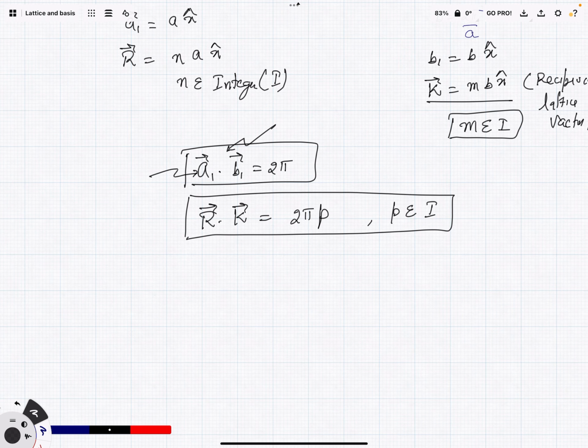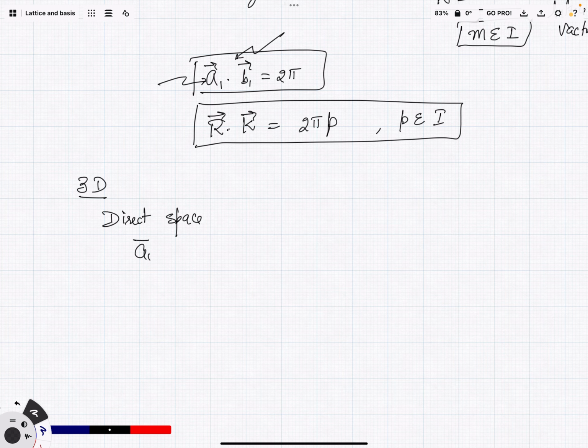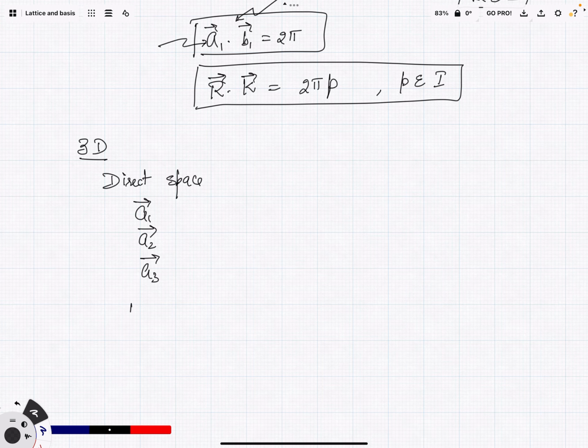Okay, so now let's extend the same idea to 3D. In the direct space, I have the primitive lattice vectors A1, A2 and A3, and R, which is, let me call it, M A1 plus N A2 plus P A3 vector.